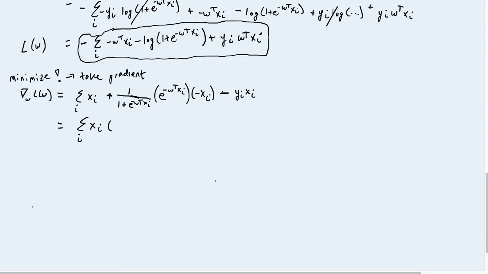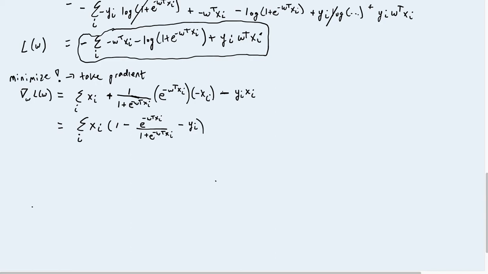With xi, we get 1 minus e to the negative w transpose xi over 1 plus e to the negative w transpose xi, minus yi.